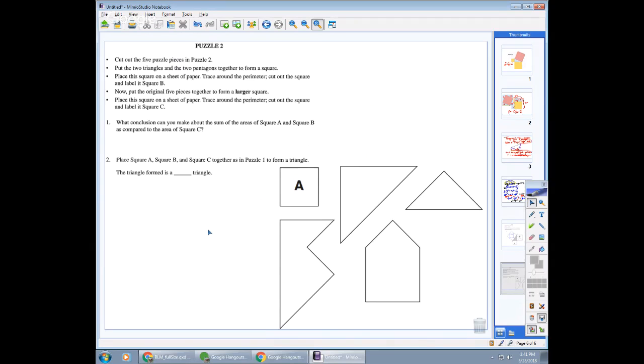Let's see, where are we? Cut out 5 pieces, put 2 triangles and 2 pentagons together to form a square. Place the square on a sheet of paper, trace around the perimeter, and then cut out that square and label it B. Yeah, so you need to do that, trace it and cut it out. Out of a new piece of paper, I guess.